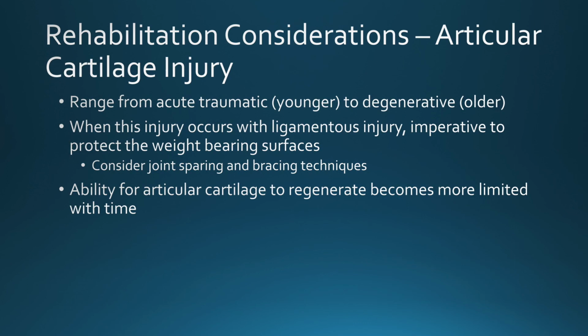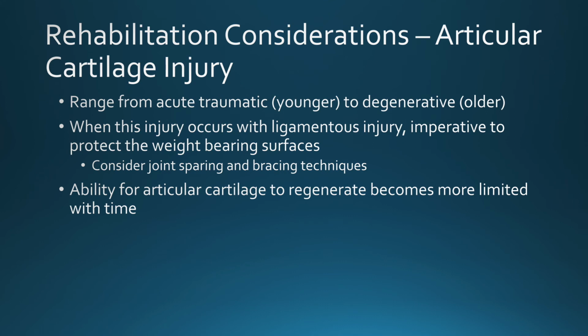So we also need to discuss articular cartilage injury. This injury can range from acute traumatic injury, which typically happens in the younger population, to more degenerative, which occurs in the older population. When this injury occurs with ligamentous injury, it's imperative to protect the weight-bearing surfaces. We need to again consider possibly joint sparing techniques and bracing techniques to try to keep those unloaded.